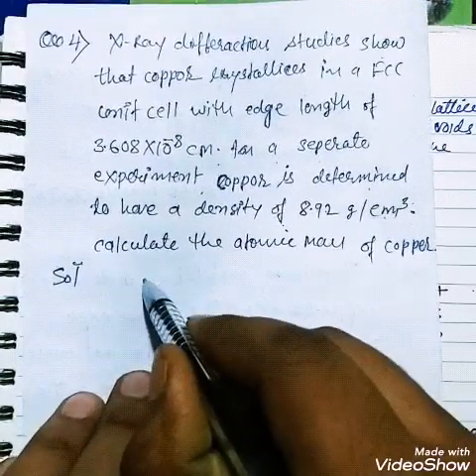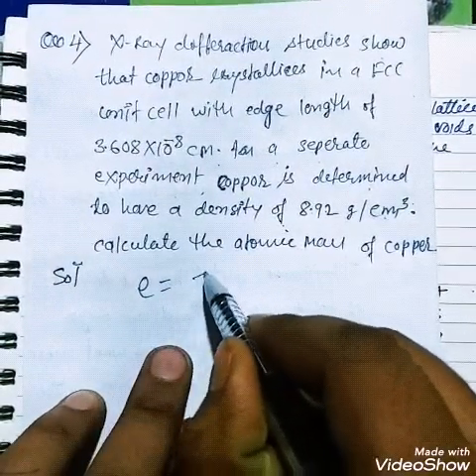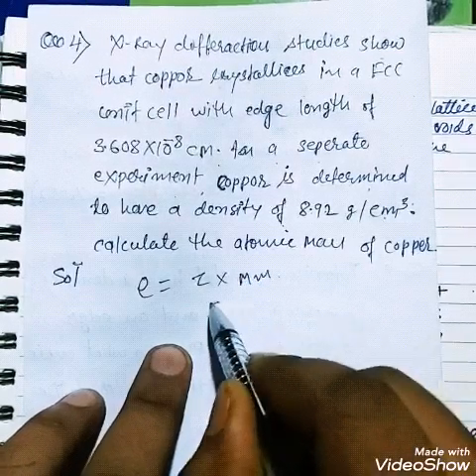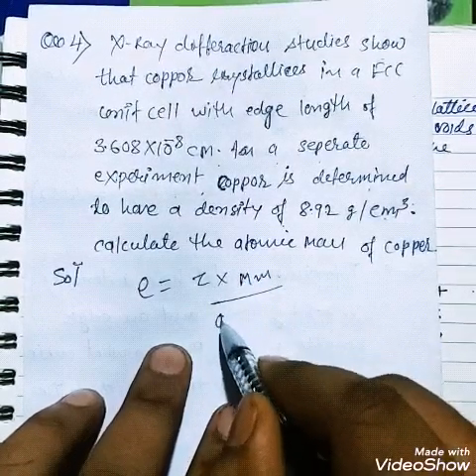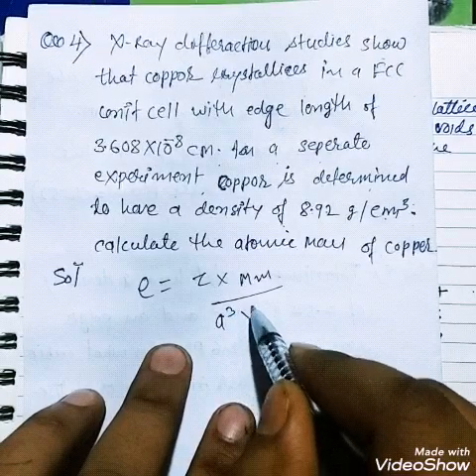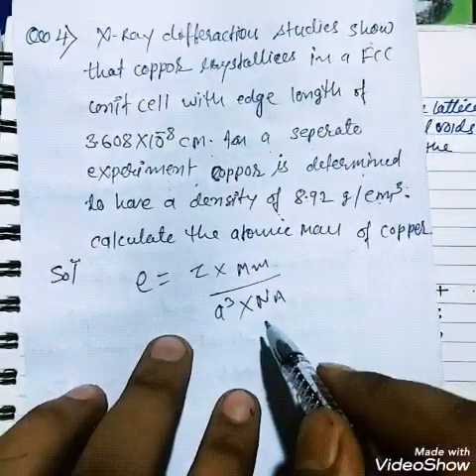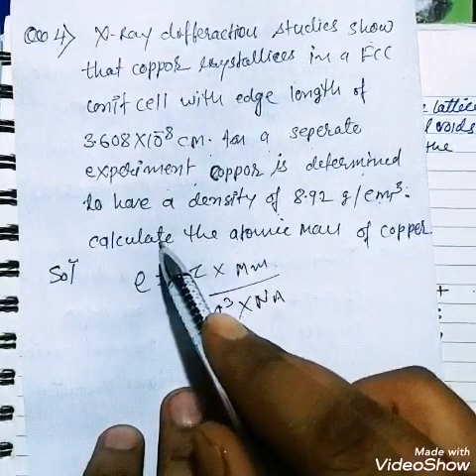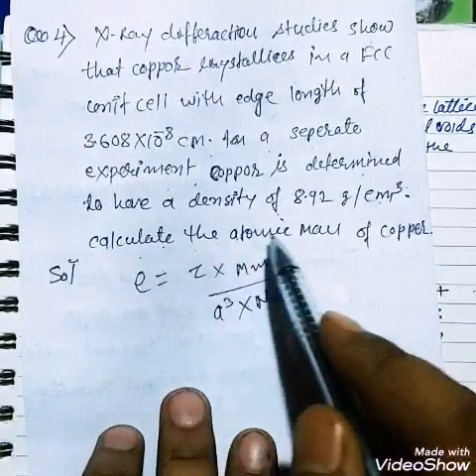First of all, I am writing the density formula: density = Z × molar mass upon a cube, that means volume, into Avogadro number Na. What is the question? The question is to calculate the atomic mass.